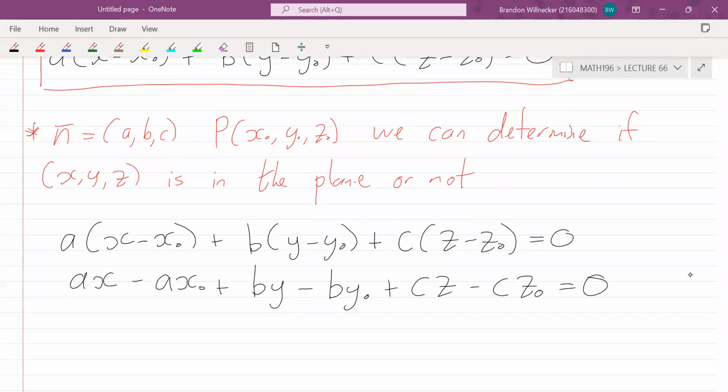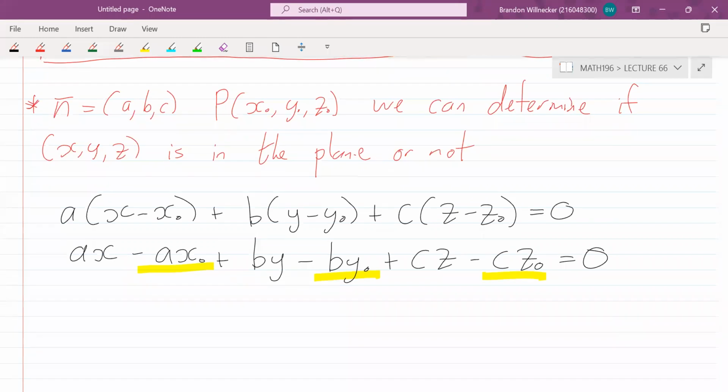Now, minus a times x naught, that's a constant because the normal is a constant, the points are constant. B times y naught, that's also a constant. C times z naught, that's also a constant. So let's take all these constants and put them to the other side.